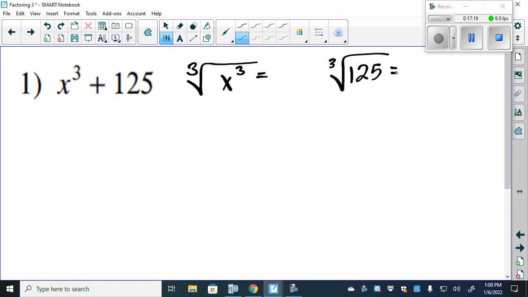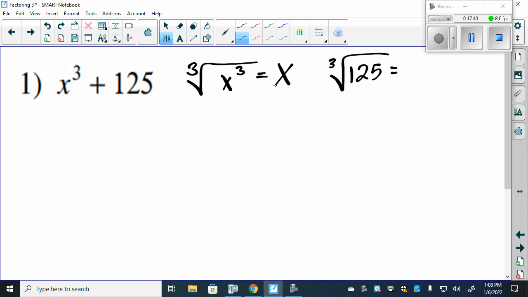The other is it helps us find the values of a and b that will be plugged in. Now when we look at this here, the cube root of x cubed would be just x, because whenever the root and the exponent are the exact same, they cancel out. Now we need to find the cube root of 125.